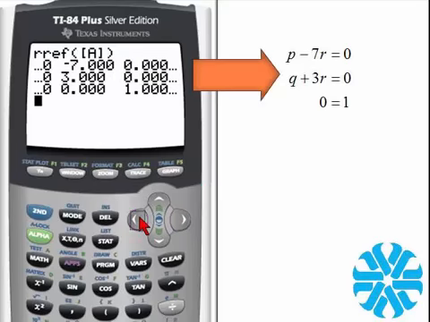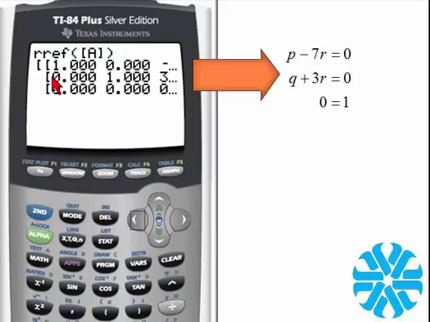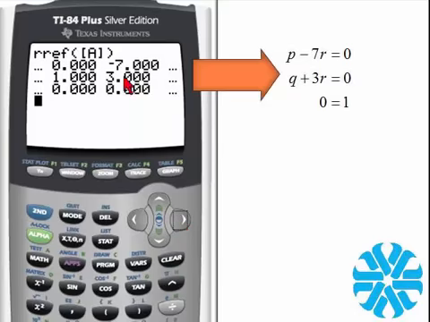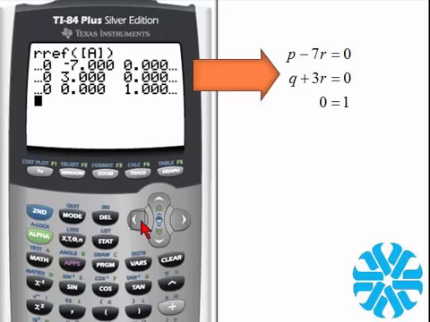And the second row represents the 0P plus 1Q plus the 3R, and that's equal to 0.